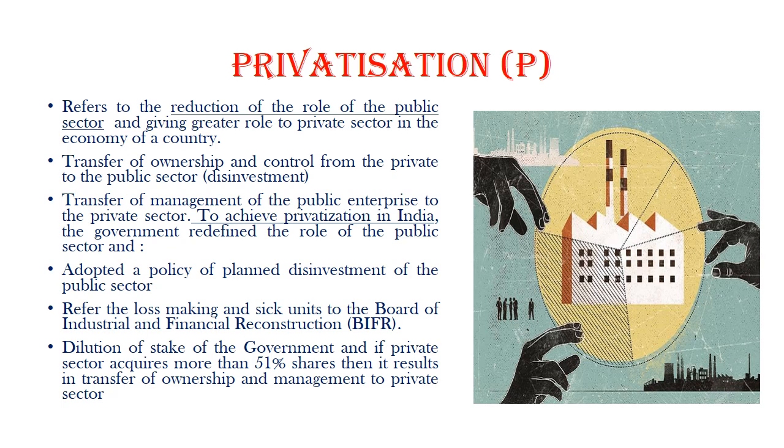So these sick units are referred to this board, BIFR, and this board studies that particular sick unit, and if they feel that there are certain chances, they revive it, and if they feel that unit cannot be revived, they completely shut down that unit and take out all the investment from it.